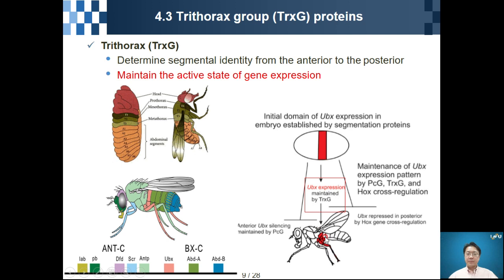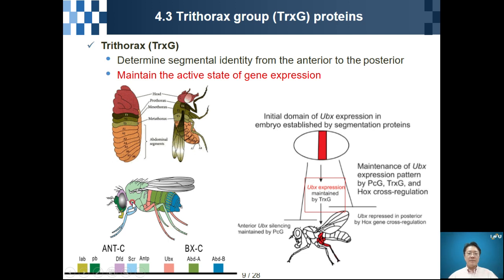How about the T2 legs? To make the T2 leg, the Antennapedia gene should be maintained in the T2 segment. In these cases, also, TRXG maintains the Antennapedia expression in the T2 segment.